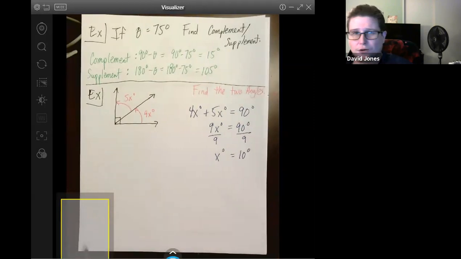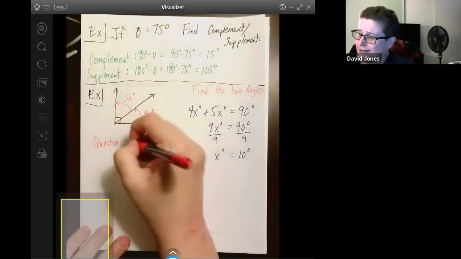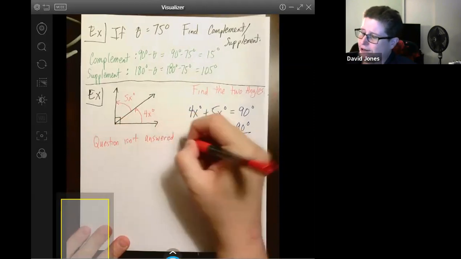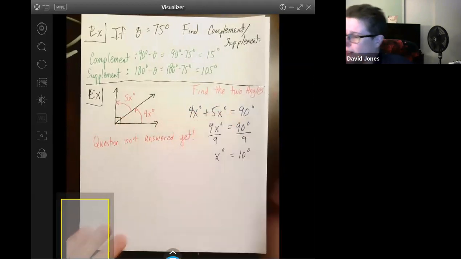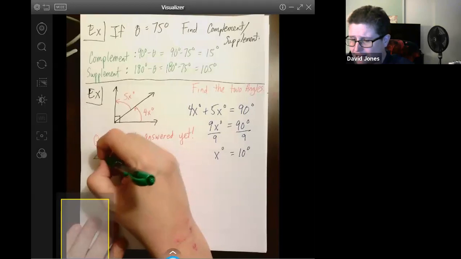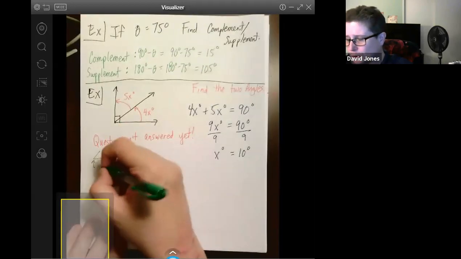Did we answer the question? No. The question's not answered yet. Always go back and see what they're asking. They wanted the two angles. So the angle 1, oftentimes we'll say something like this, or angle A. This symbol denotes angle.